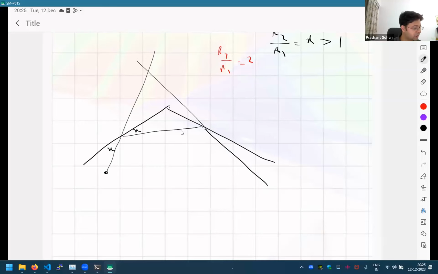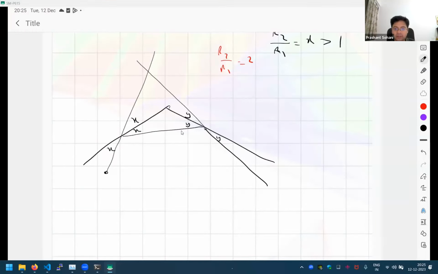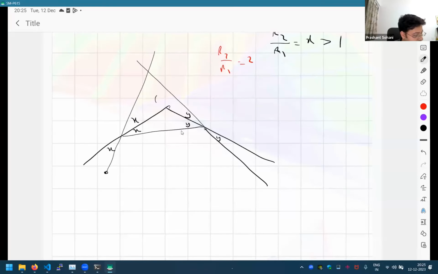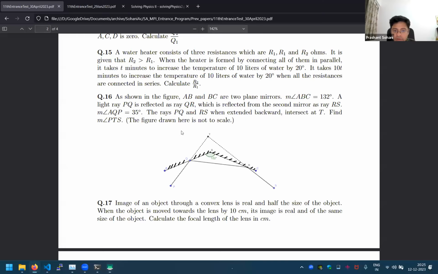But if I continue that dotted line for the virtual image, of course by alternate angles that same angle x is going to occur here also. And the same thing is going to happen here. This angle of incidence and reflection are equal, but that is also equal by alternate angles to this much. And so in this diagram, if I label the points as they are given, this is B, Q, R, T, right? Yes.